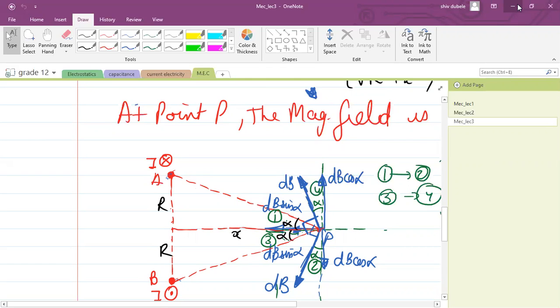11, 12, 18th. When is 18th? Tomorrow, no? No, Saturday. Yes, I have already planned current electricity over here on Saturday. But I don't think so.